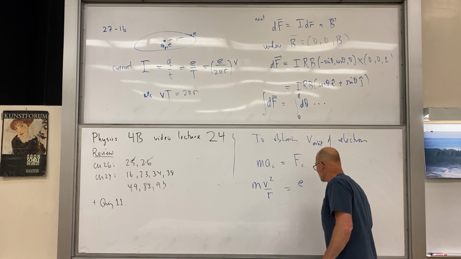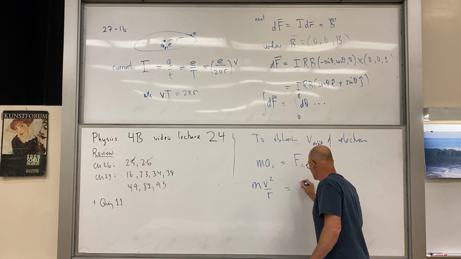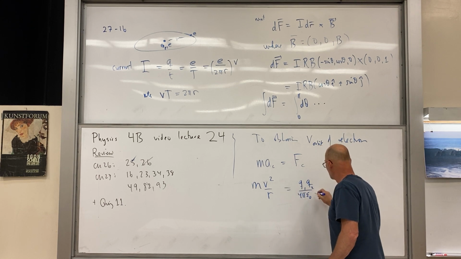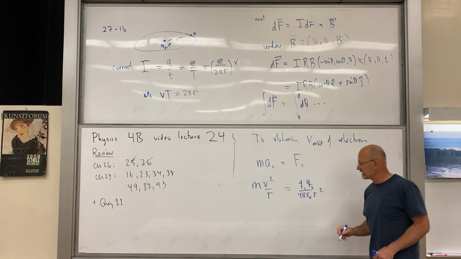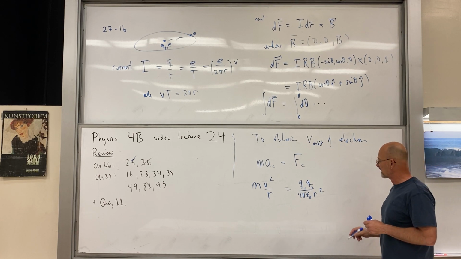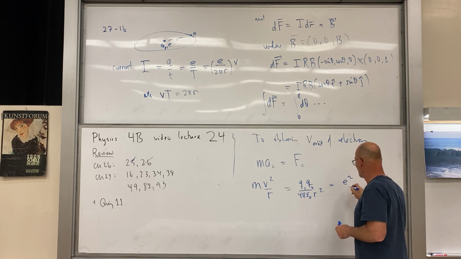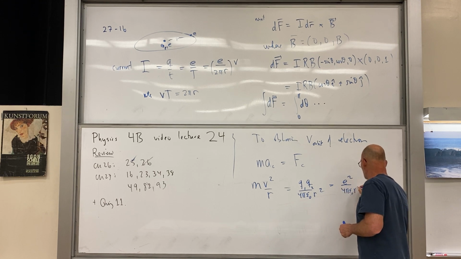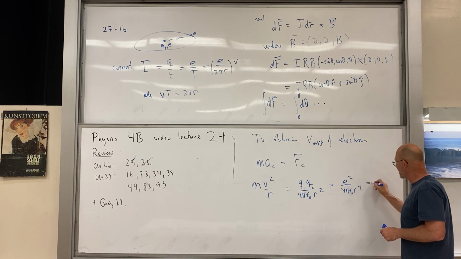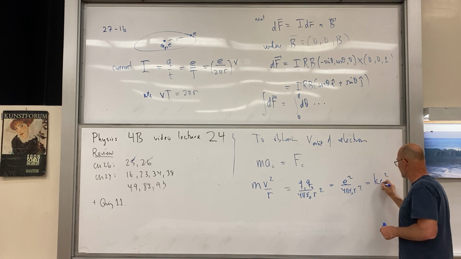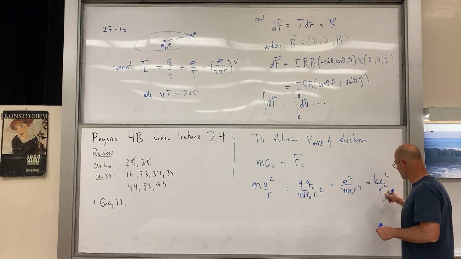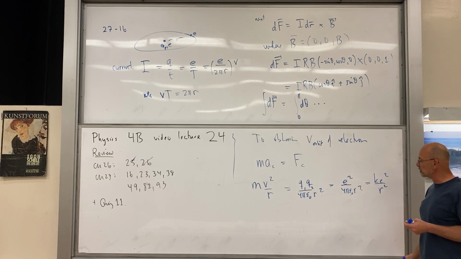So it's q1, q2 over 4 pi epsilon naught r squared, okay? That's Coulomb's law. But of course for us that's E squared over 4 pi epsilon naught r squared, or we can call it k E squared over r squared, whichever form of the constant you choose.